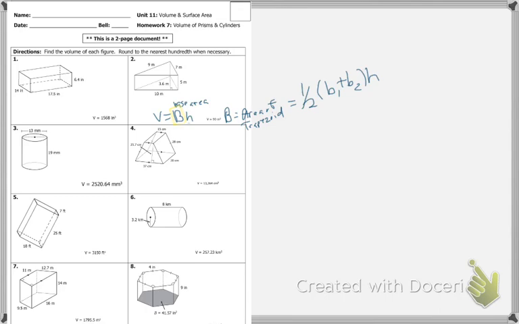So we have to look exactly at one of our trapezoids, and we're going to get B1, we're going to get B2, and we're going to get the H.